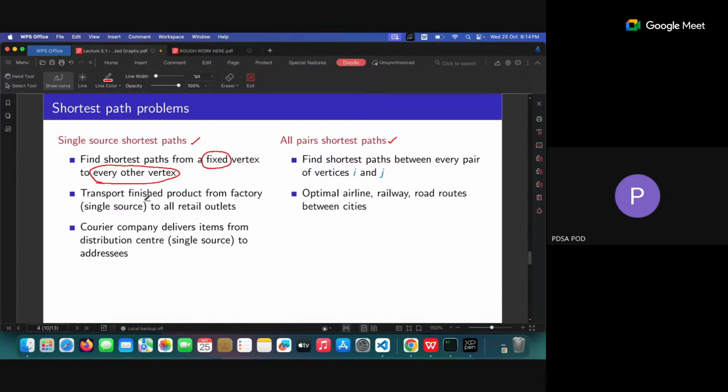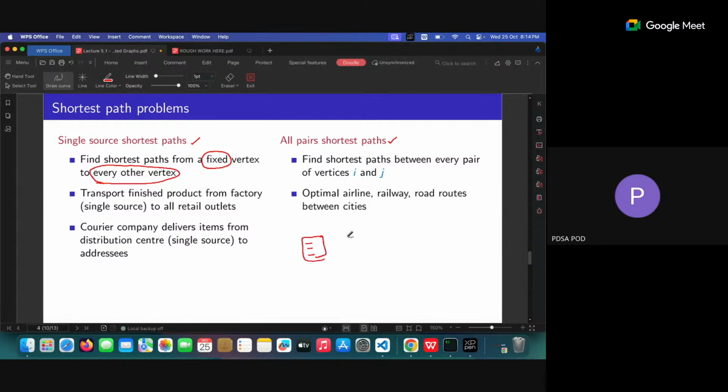Take this example: a transport company has a product from the factory. A collection of products is received at one particular store, a central store.